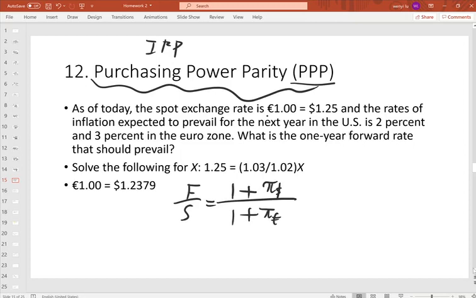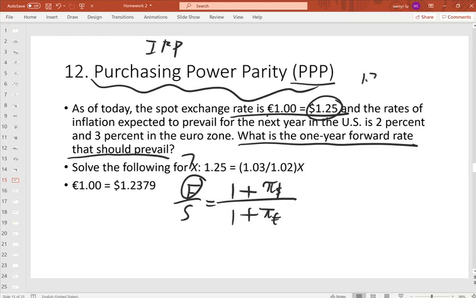Let's say the question is to solve for the 1 year forward rate that should prevail. That's the forward rate we want to solve. Our spot rate is given: $1.25 per euro. What's the inflation rate in the dollar? 2%. What's the rate in the euro? 3%.